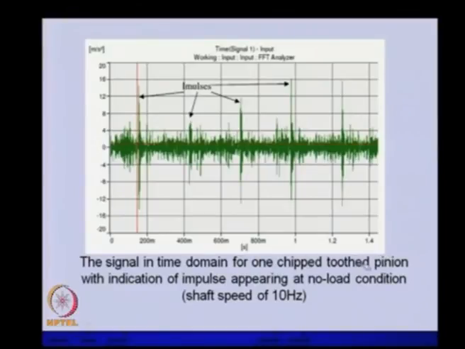One tooth has been chipped or removed, and obviously we will have an impact. Whenever that particular tooth appears during the meshing, there will be an impulse, and you can see the impulses, which indicate that one tooth has been chipped off. We can have a baseline signal and compare with that. These impulses may not be present in a healthy gear.